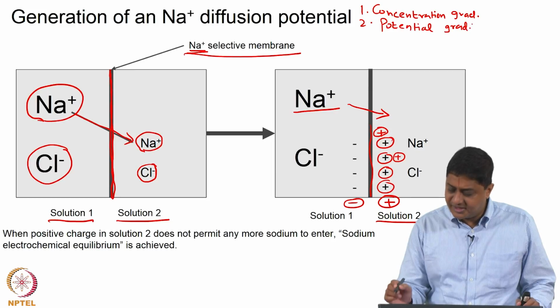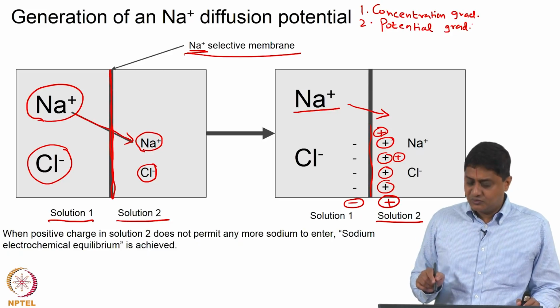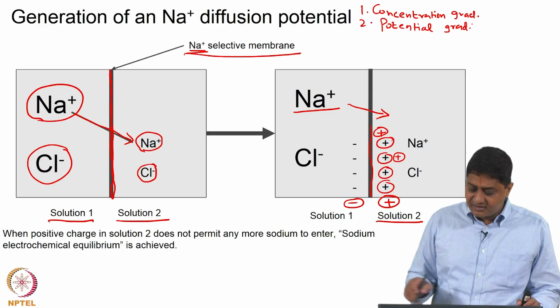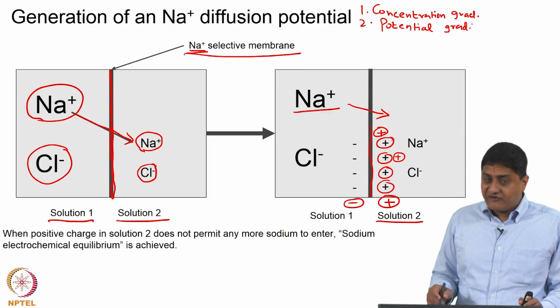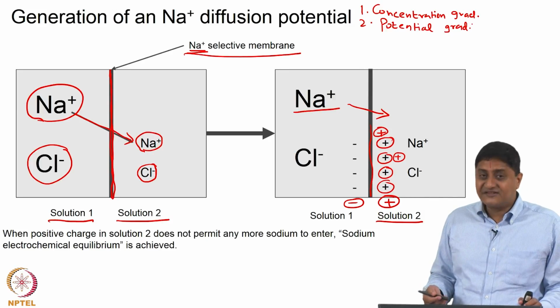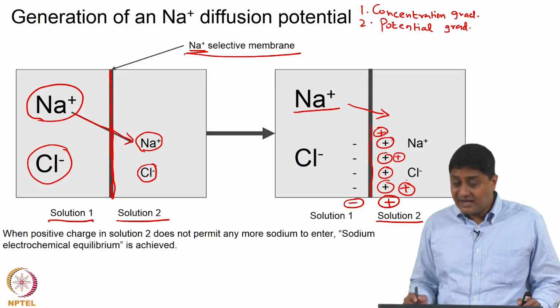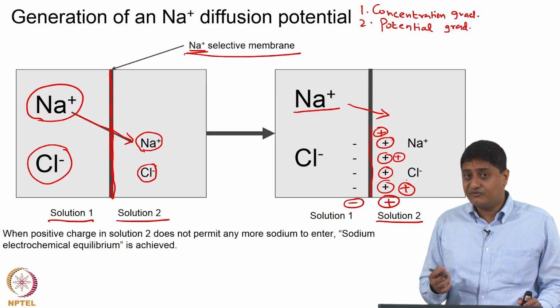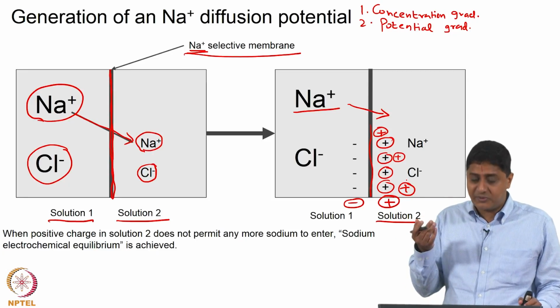Note that the potential gradient itself may be developed due to the movement of ions, which happens due to the concentration gradient, but as the sodium continues to move, further addition of sodium is resisted by the positive charge that is present here, and this resistance to further movement of sodium increases as the amount of positivity on the right side builds up.